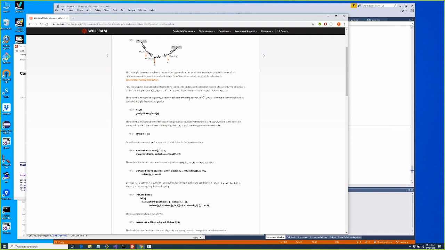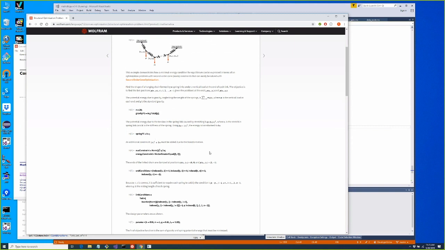So here we're going to take 20 springs. We're going to have just the gravity, calling that the potential energy. And then the spring potential energy is based on the spring constants.